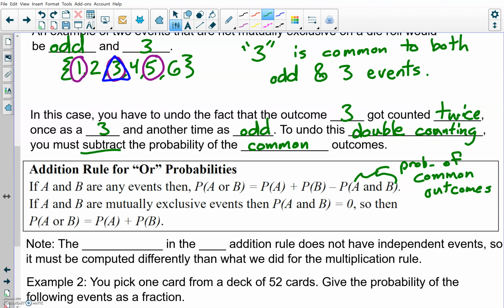So there's 1 out of the 6 that's both an odd and a 3. So we'd be subtracting away 1 out of 6 to undo that double counting. And if A and B are mutually exclusive, which means they have no common outcomes, that common outcome probability is 0, you can just add the 2 probabilities together like I did in the first example and not worry about subtracting.